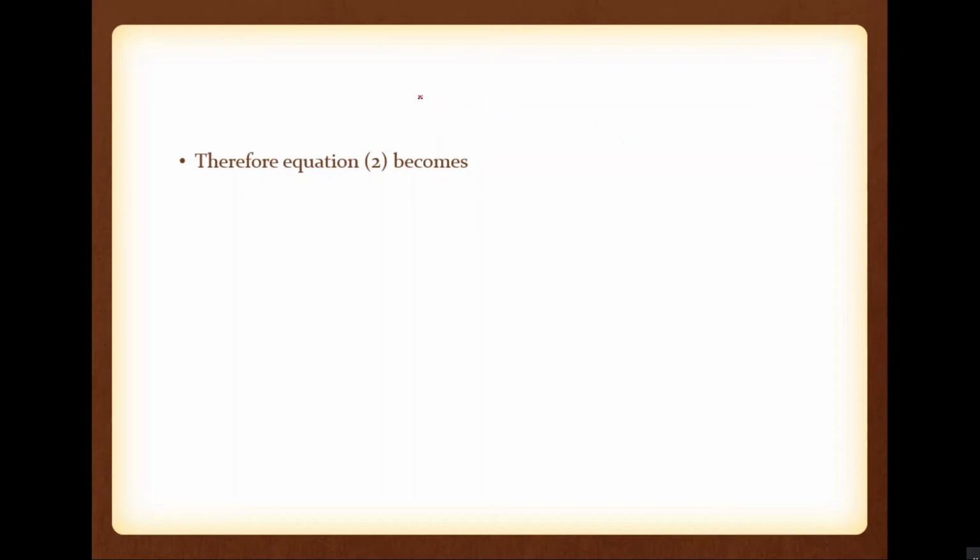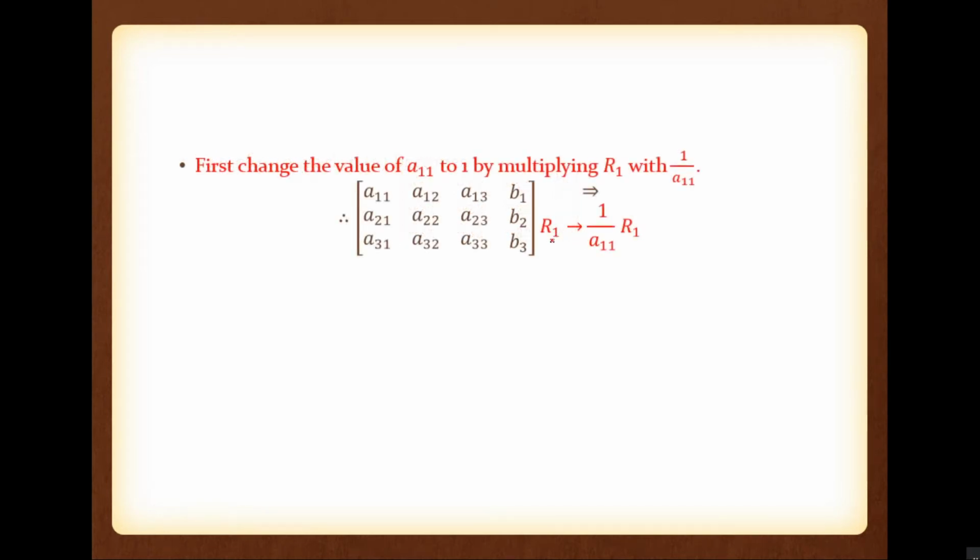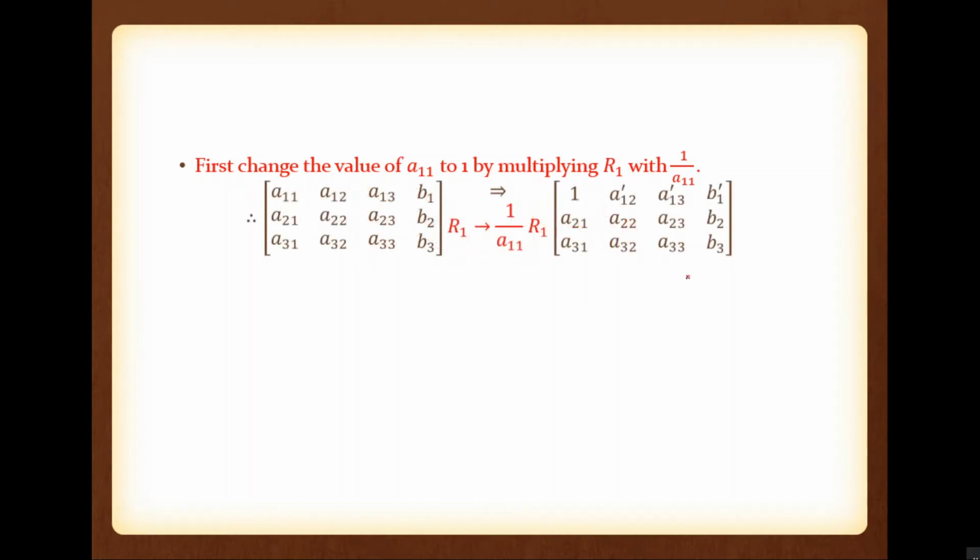So from this augmented matrix, we are going to change A11 to 1. So take R1 equal to 1 by A11 into R1. This is the first row. So divide the first row by A11. So what will be the resultant matrix? This A11 will become A11 divided by A11, that is 1, and the remaining elements of the first row are modified. So this one is the resultant augmented matrix.